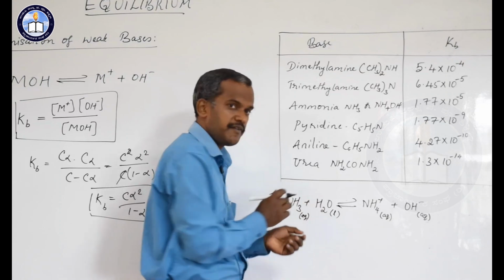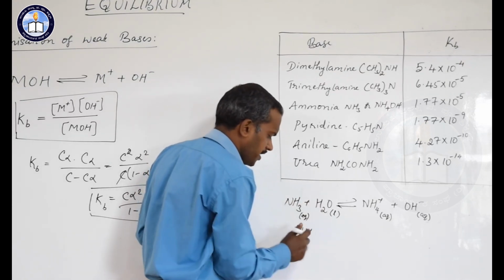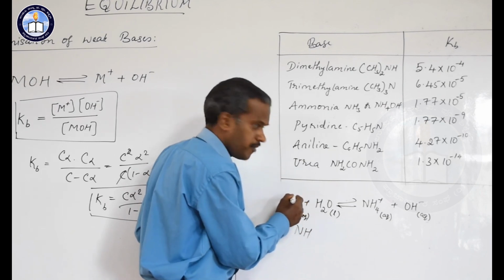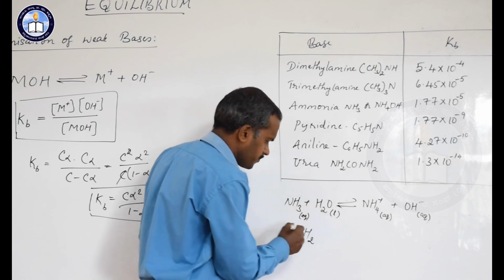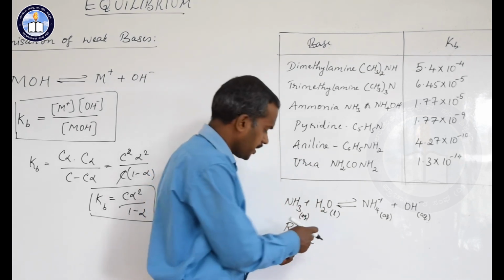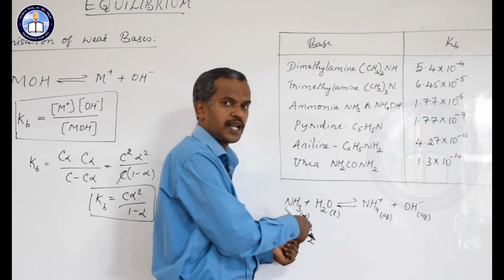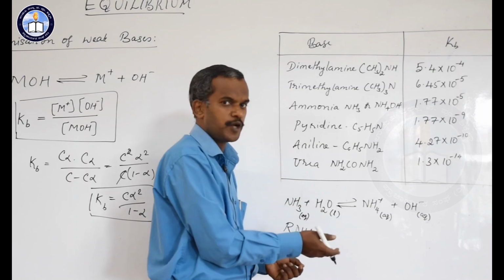And the different examples we are discussing are all derivatives of ammonia. NH3 is ammonia. If you remove one hydrogen, it becomes NH2, and replace it with some alkyl group, it becomes an amine. You can replace one more hydrogen by one more alkyl group and it becomes a secondary amine, and it can be an aliphatic group or an aromatic group.